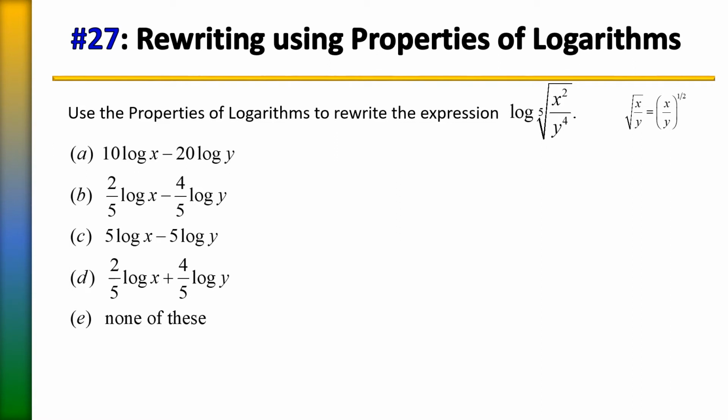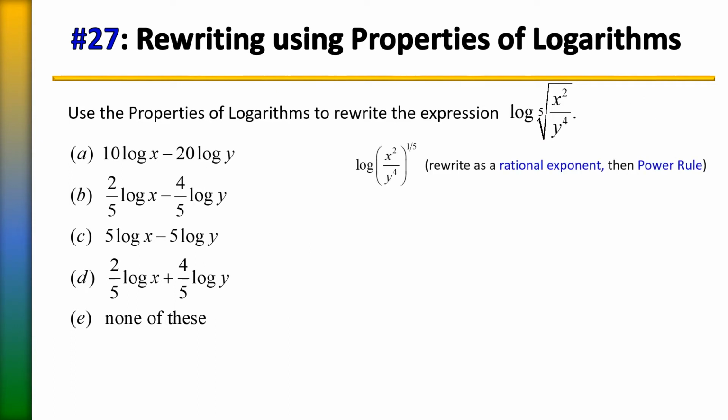So that means for my fractional exponent, I'm going to have a 1 up top because the whole expression is not raised to a power. This is a 5th root, so I'm going to have a 5 under the bottom. So when I rewrite it, it's going to look like so.